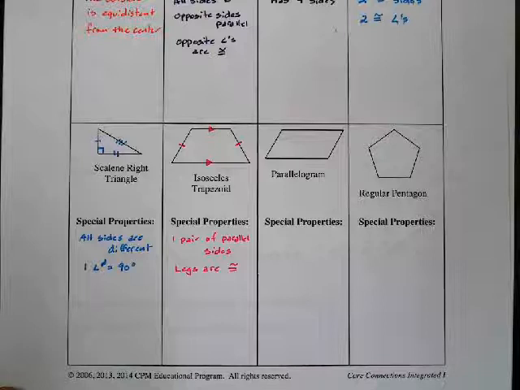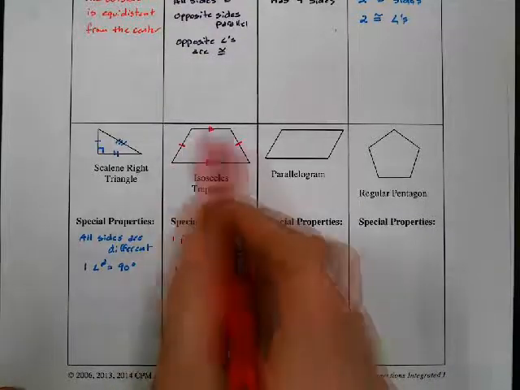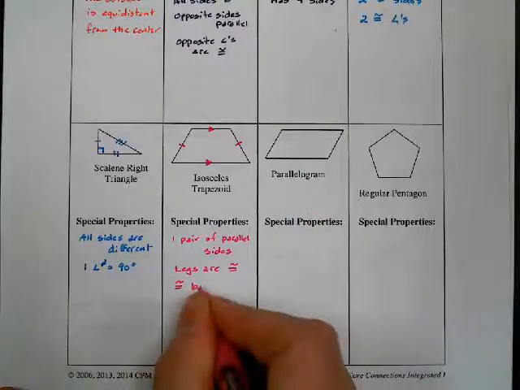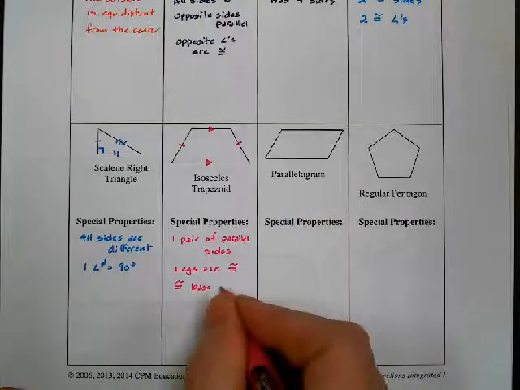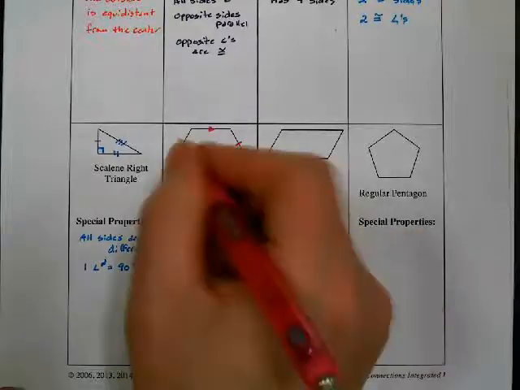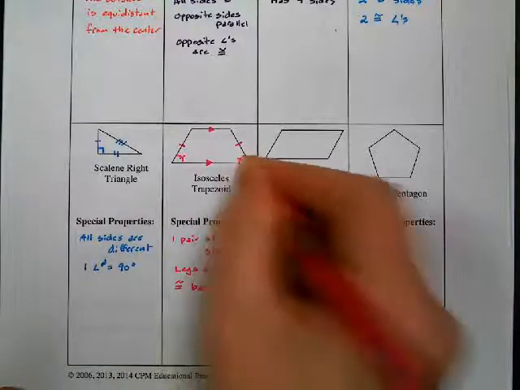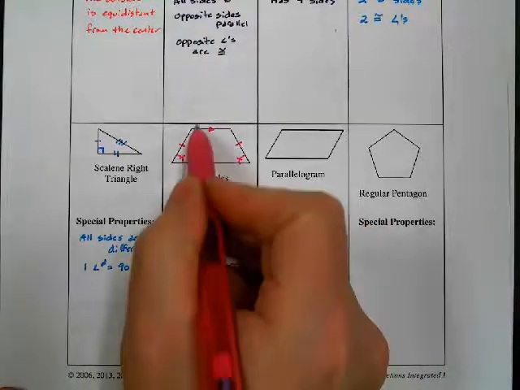Now there are two bases: a base on the bottom and a base on the top. So we're going to say congruent base angles. This angle down here is the same as this angle down there. So that's one of our bases. Our second base is up here, and these two angles up there are congruent to each other.